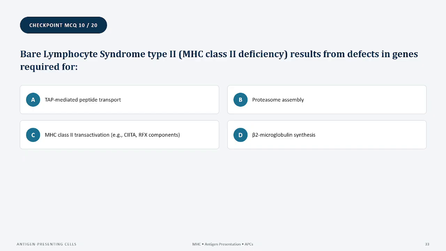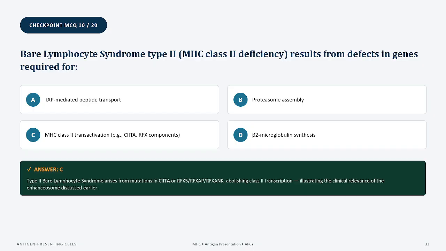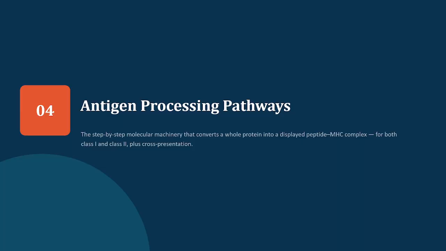Instead, it involves mutated genes that code for the transcription factors required to activate the expression of the class 2 genes, which includes the MHC class 2 transactivator and the components of the RFX complex. So yes, answer C is correct.